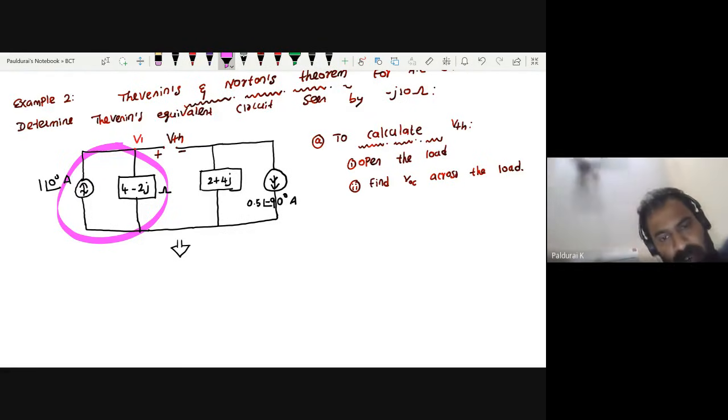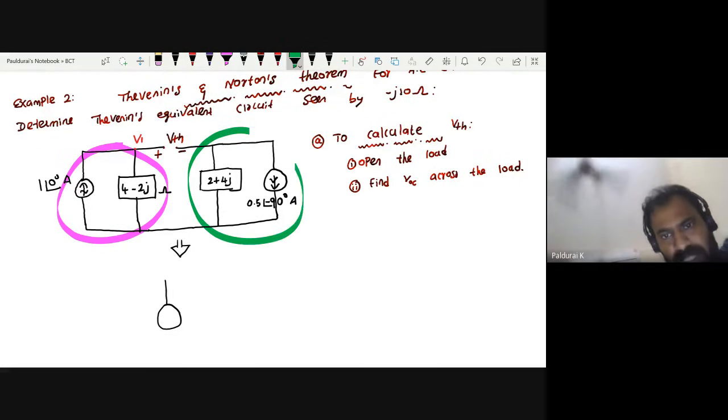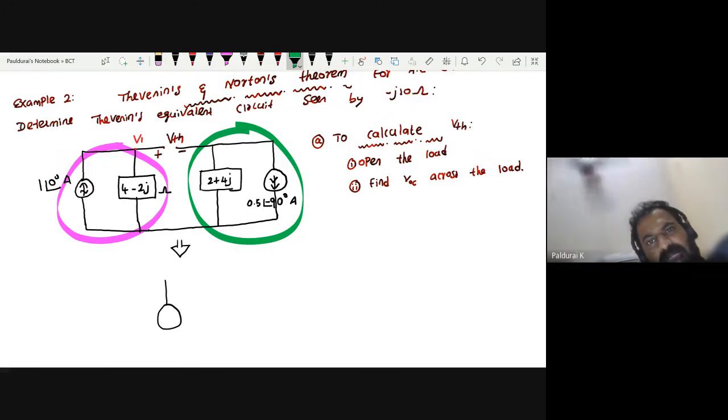Just for now, I'm drawing the equivalent like this for your reference. What about this voltage value? Coming here, this is also another practical current source. You can convert this current into voltage. Now the polarity is very important. Is it minus 2 plus or plus 2 minus?